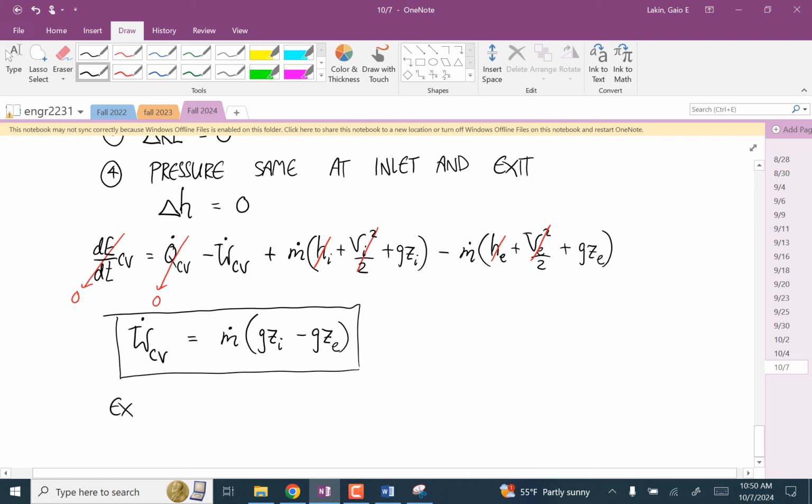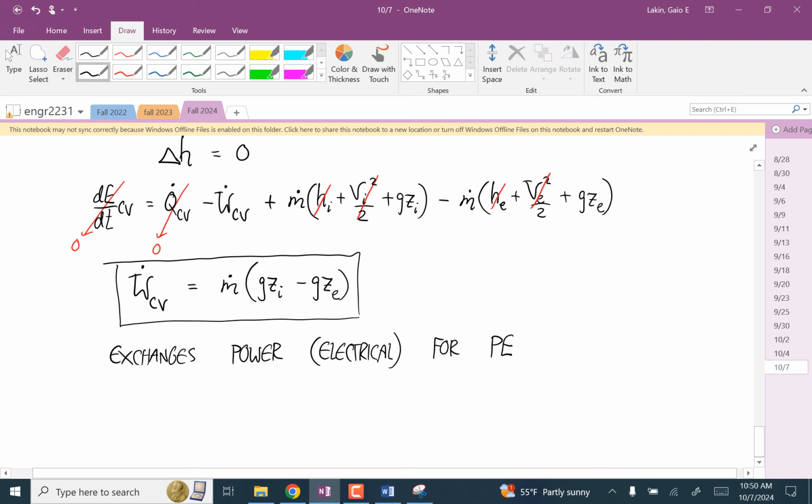And so this exchanges power, almost always electrical, for potential energy. And again, both sides of this equation are negative. Any questions about that? Okay, that's all.